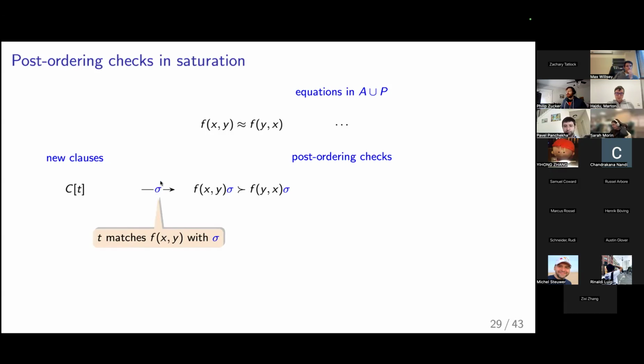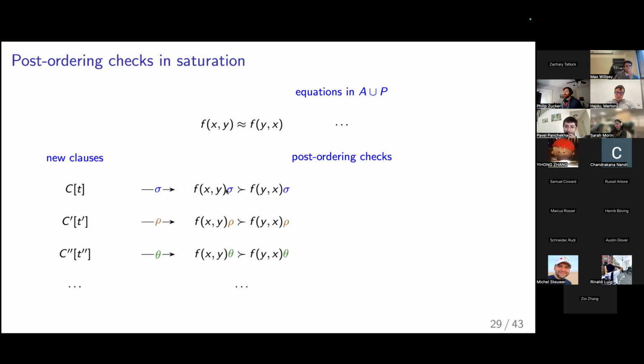If it succeeds, then it gives us a substitution sigma, such that f of x y sigma is T. And then we have to perform this post-ordering check with sigma.